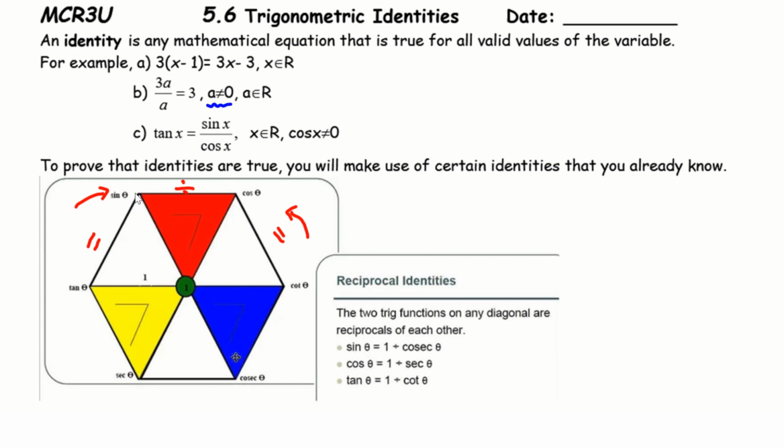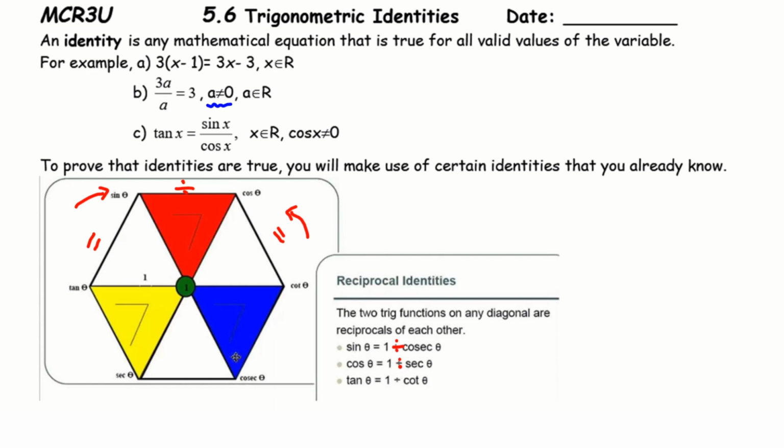And another one is the opposite term. They are the reciprocal identities. So sine theta equals 1 divided by cosecant. This is division. And cosine theta equals 1 divided by secant.